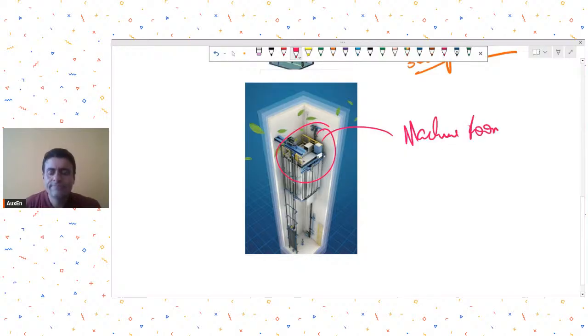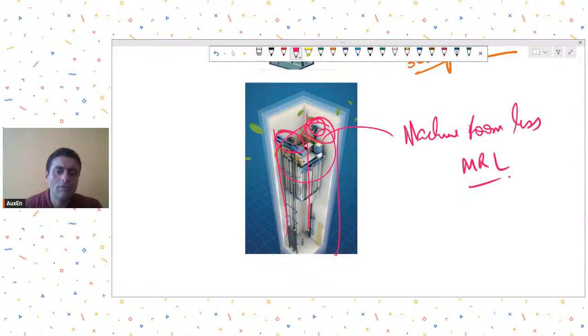This is also called an MRL lift. In this, the lifting system itself is accommodated within the hoist system itself. So there is no separate machine room. The pulley or the lifting device is accommodated in this opening for the lift itself.